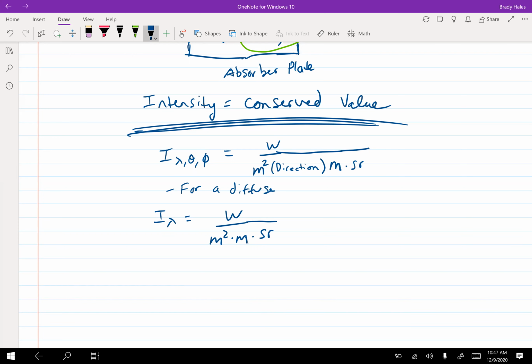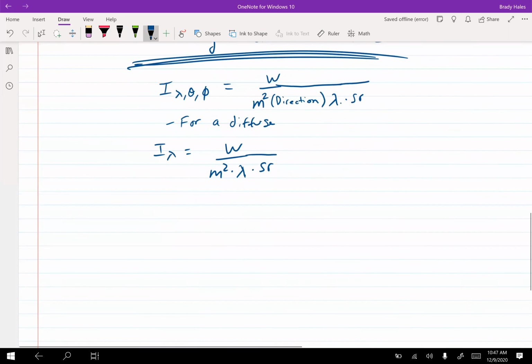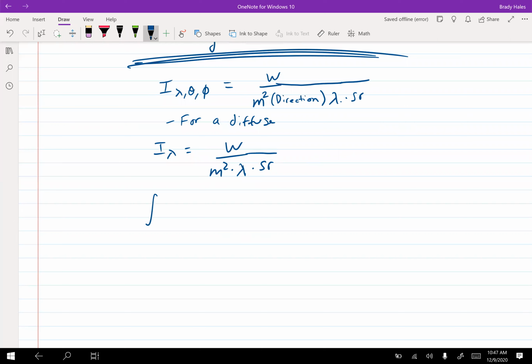Maybe what I would do is erase this and put lambda here. If we integrate, then the total intensity has units of watts per meter squared steradians.